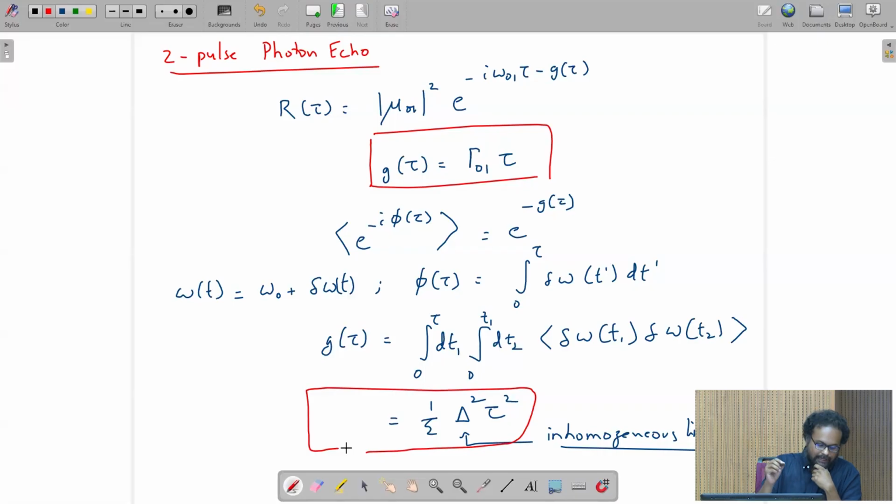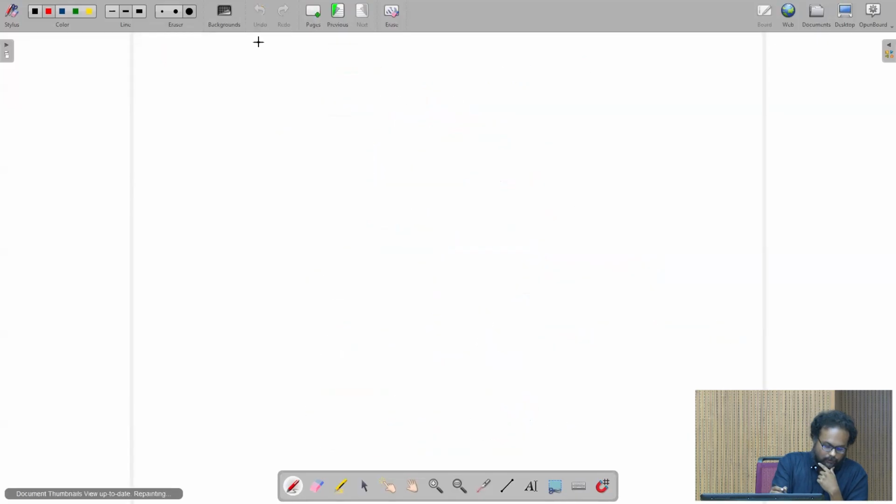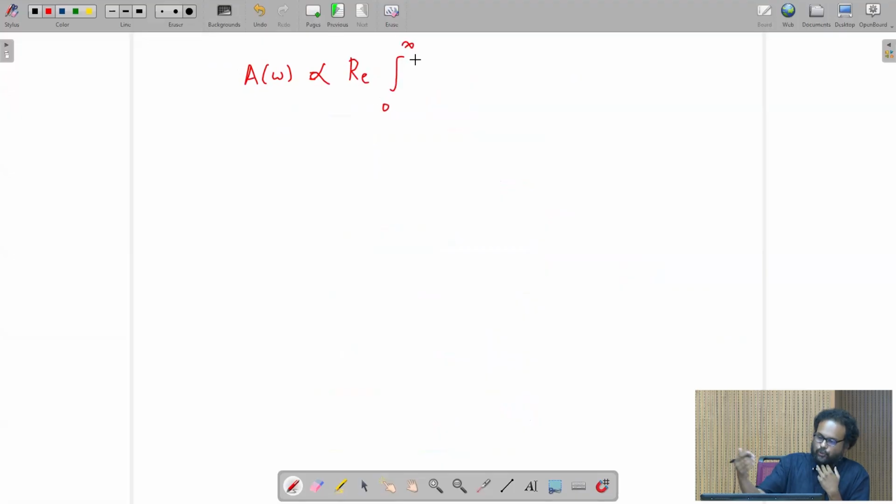Okay. So now I can use this response function. I can calculate the absorption spectrum A of omega, proportional to, let's not worry about the whole expression, the real part of the Fourier Laplace transform of R of tau.